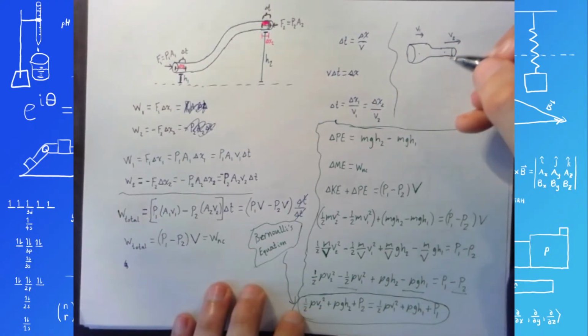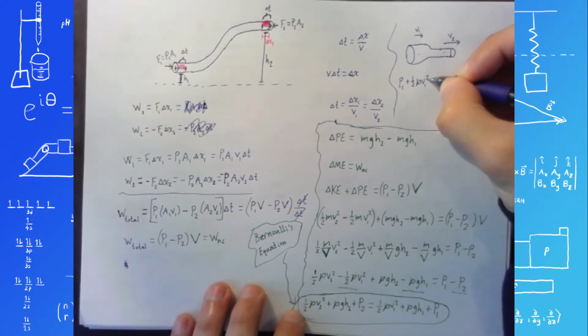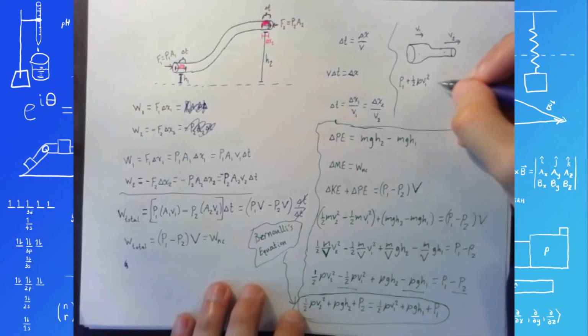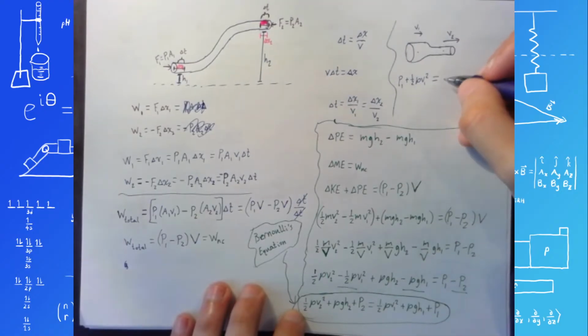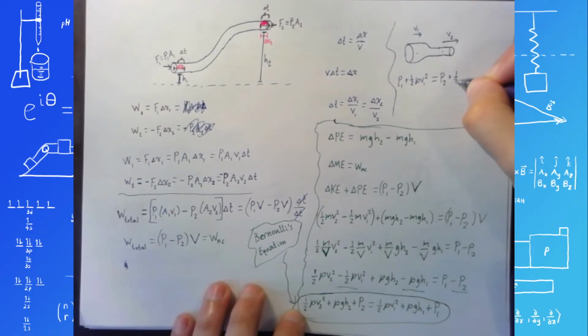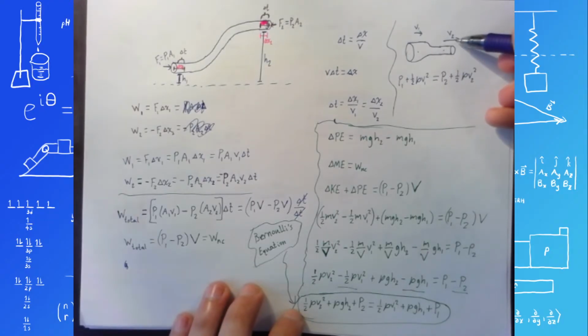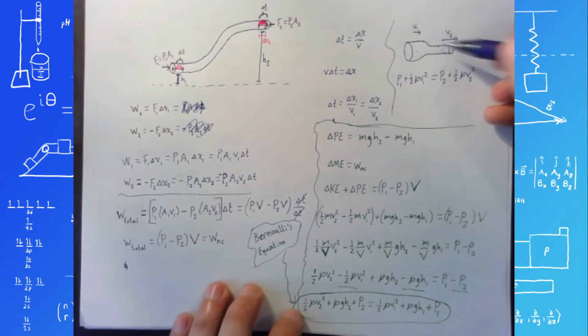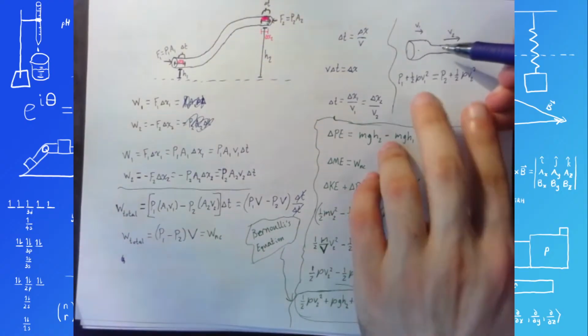then we can just use the equation p1 plus 1/2 rho v1 squared. We don't need to deal with rho gh here because the rho gh's are going to cancel, equals p2 plus 1/2 rho v2 squared. We can see if v2 is greater than v1, then v2 squared is greater than v1 squared.